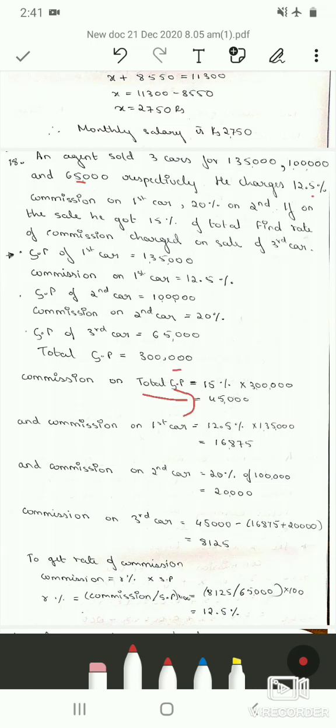And we know commission on first car. So commission formula is rate percent into sale. So for the first car, the R is 12.5 into the selling price is 1,35,000. So 12.5 divided by 100 into 1,35,000, when you simplify, you'll get it as 16,875 rupees.